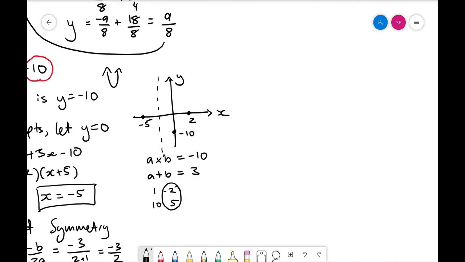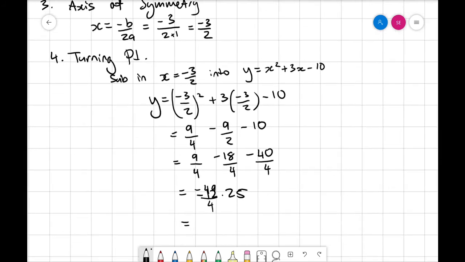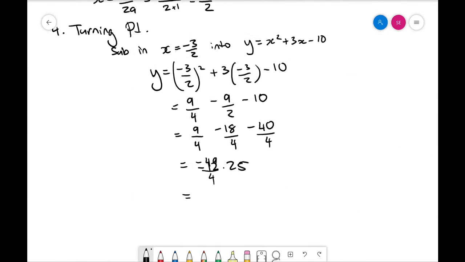All right. So here is like minus 12.25, and so our turning point will be here. Cool. That makes sense. I have no idea what's happened here. Anyway, minus 49 on 4, which is approximately minus 12.25.